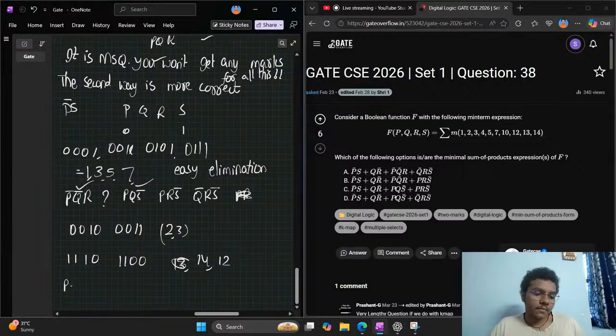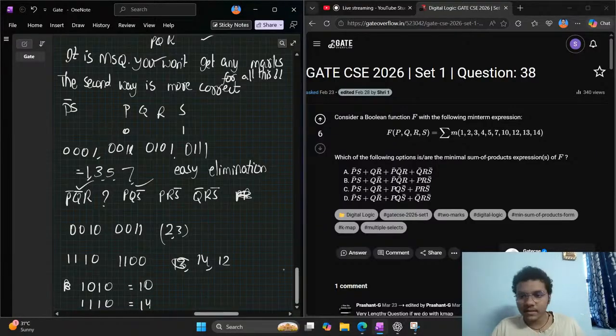P, R, S bar. That means P, R, S bar. So that is 8 plus 2, 10. And that is 8 plus 4, 12 plus 2, 14. Is 10 present there? Yeah, it is also present. Q bar, R, S bar.